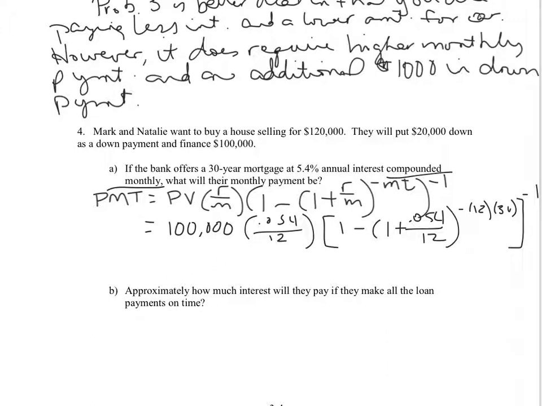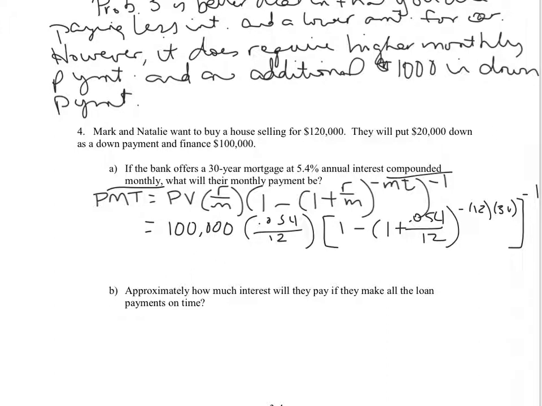Don't let all of the parentheses and the exponents and the negatives confuse you. We're still going to calculate this the way that it's laid out. So start with the inside parentheses, 0.054 over 12, and then add 1 to it.